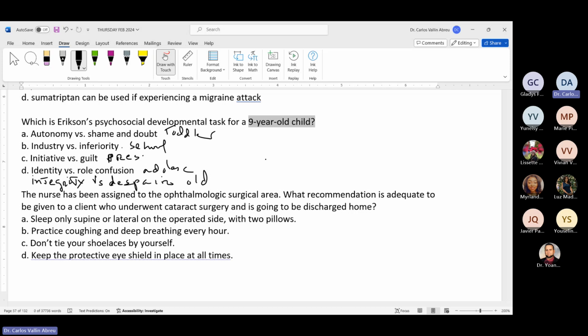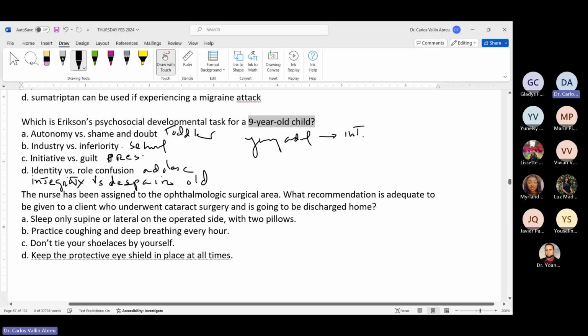The young adult, the one that is not a teenager but is less than 30. This is how you call that? I always forget the name. Intimacy versus isolation.